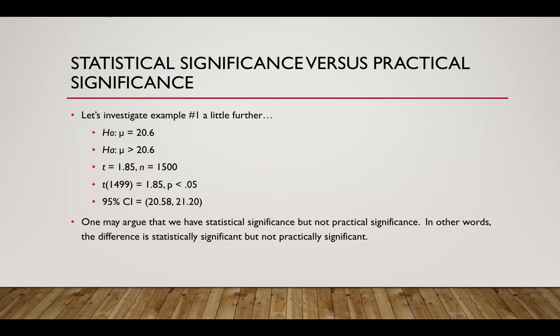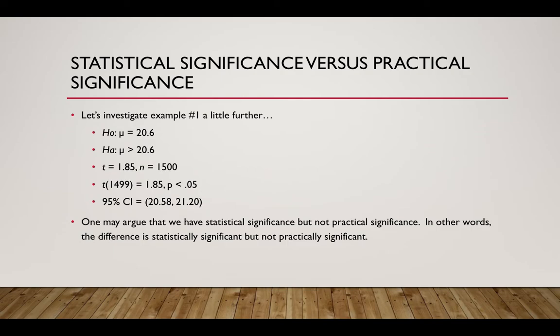21.2, which is only about half a score higher than 20.6, really doesn't lead to a lot of practical significance. Another example, if you bumped up your sample size high enough, you might show that the new mean is like 20.62, which is higher than 20.6, leading to statistical significance.